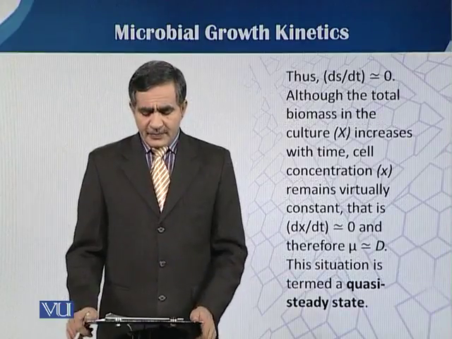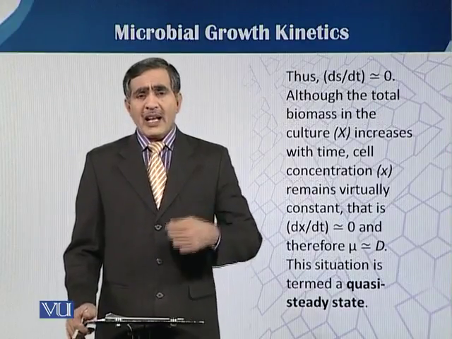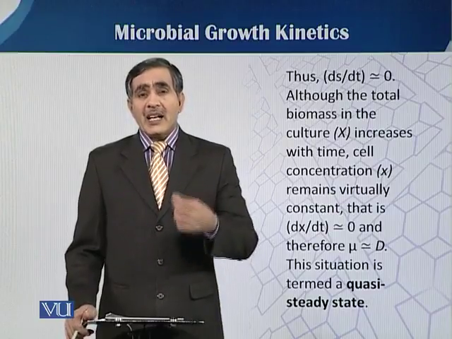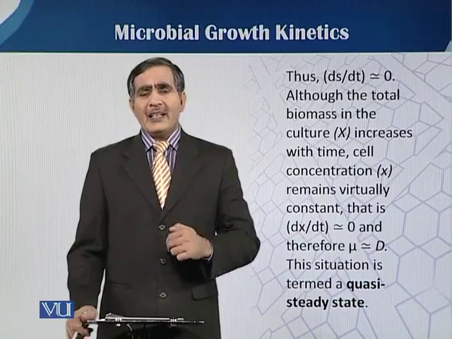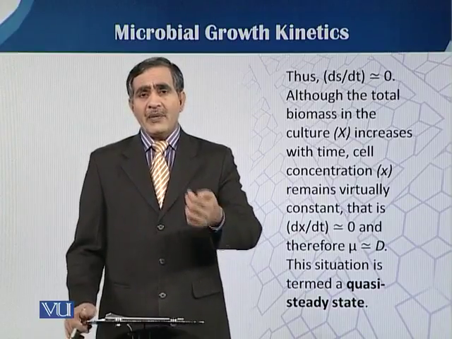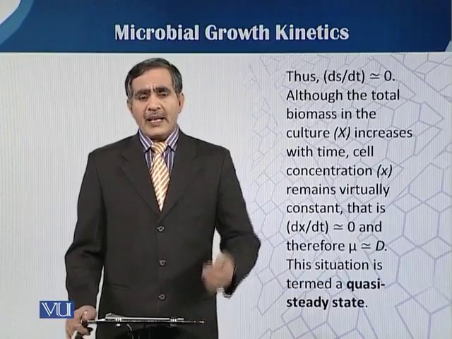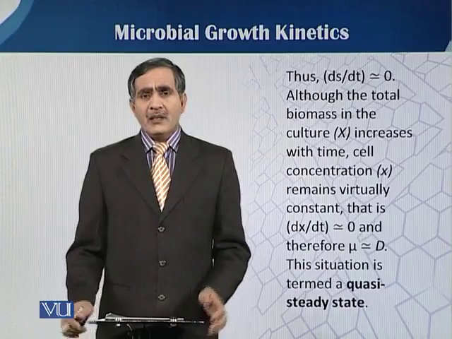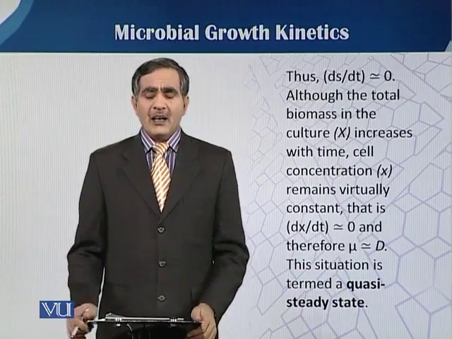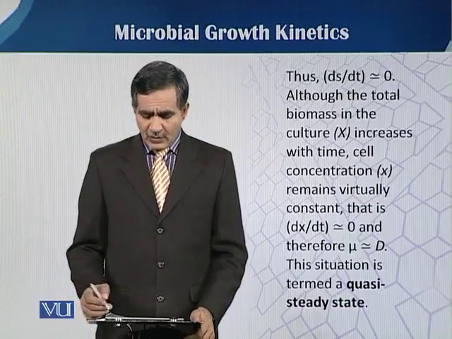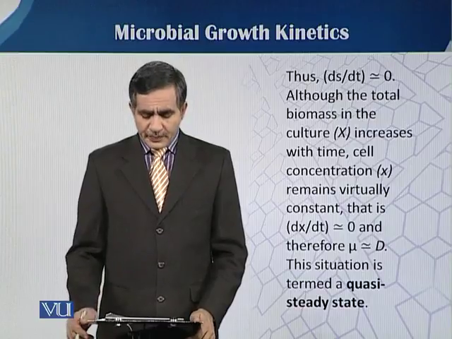When we are adding some substrate, our strategy is that we add it at a flow rate such that whatever substrate we add is utilized by the organism. So we can say that dS over dt is equal to 0.